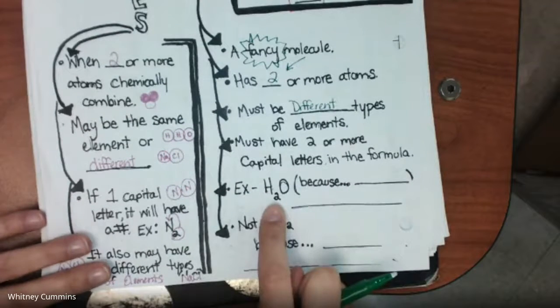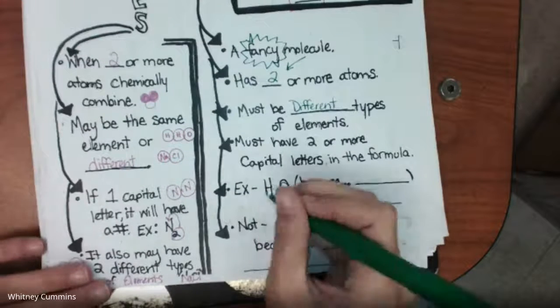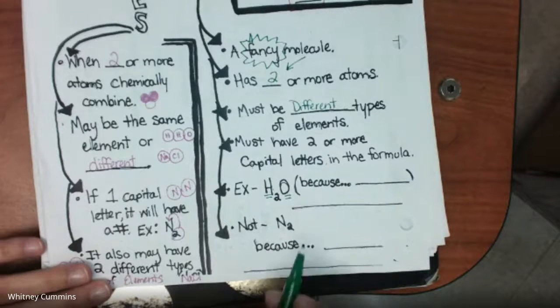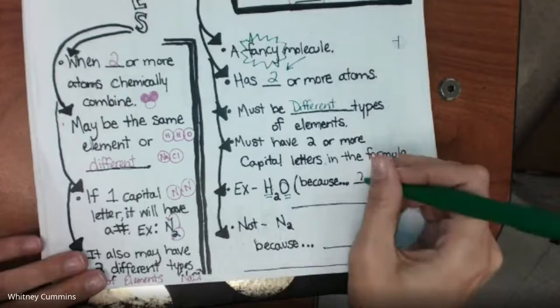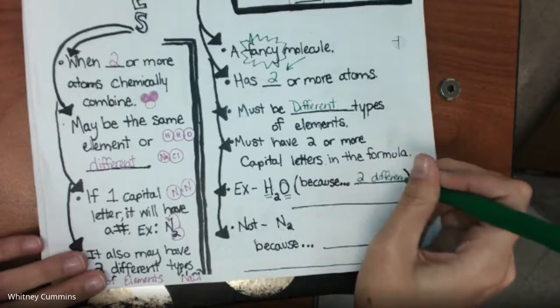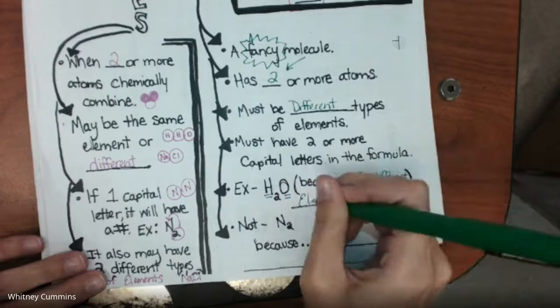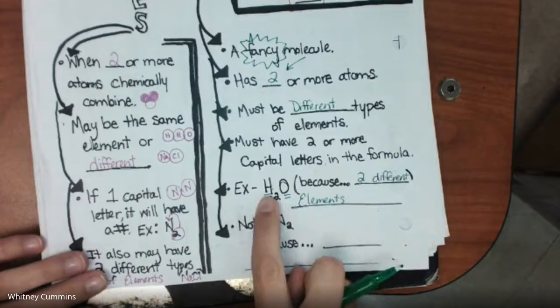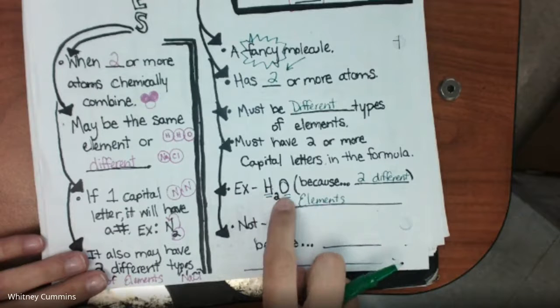So check this out. Here's my example. Down here, I have a capital H and a capital O. This tells me I have two different elements. In this case, I have hydrogens and I have oxygens.